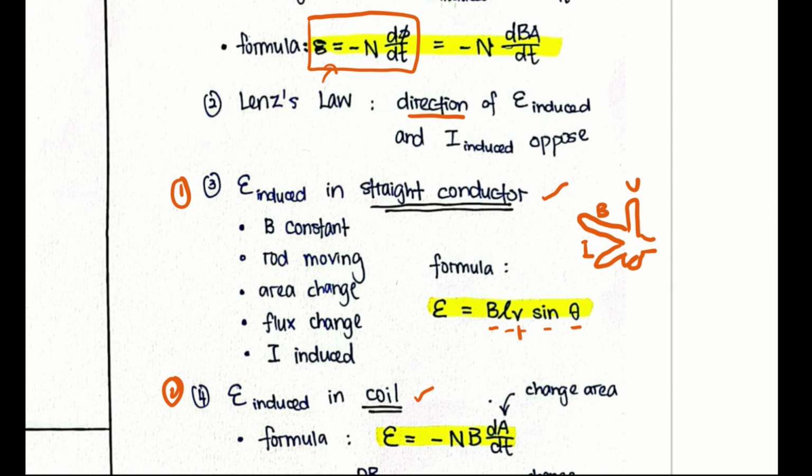V is the velocity, B is the magnetic field strength, and L is the length of the straight conductor or rod.